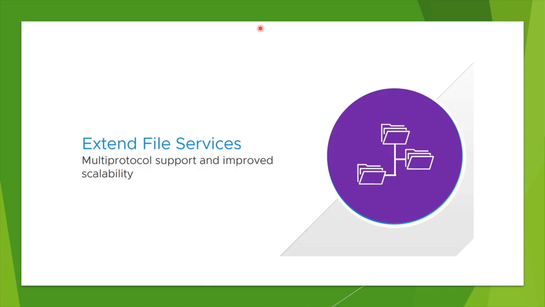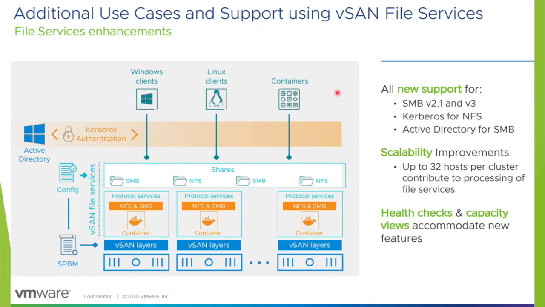Now I want to quickly talk a little bit about extended file services. One cool feature is that now we can have NFS and SMB as well. So there is all new support for SMB version 2.1 and version 3, Kerberos for NFS, and Active Directory for SMB as well.